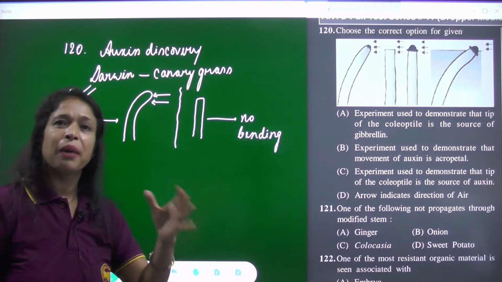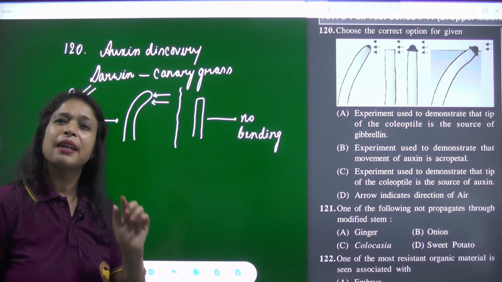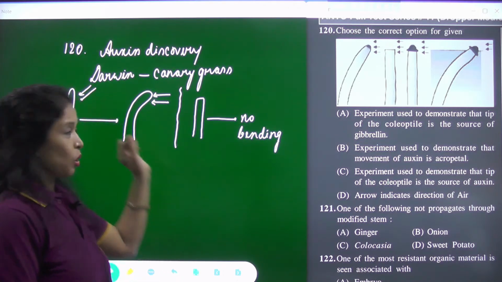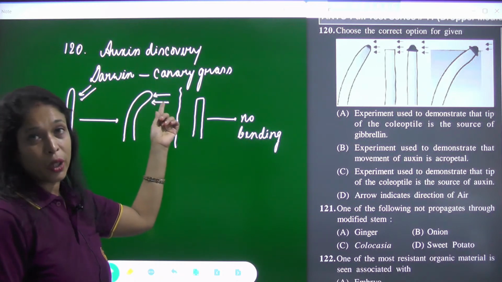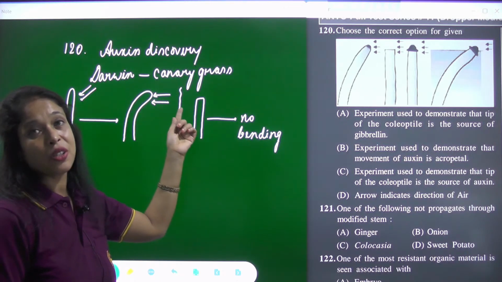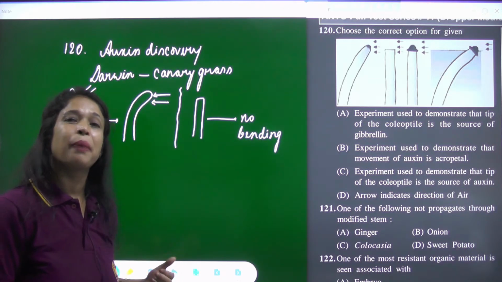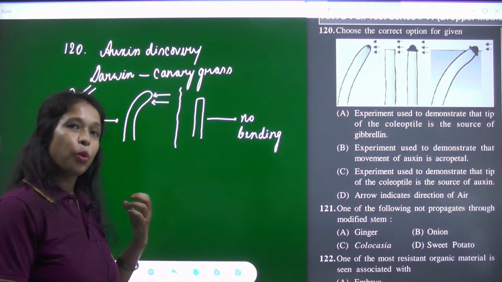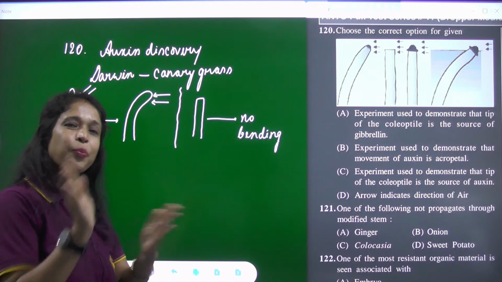From this experiment they concluded that some growth substance must be present at the tip, the apex of the coleoptile, but they failed to isolate that particular substance.